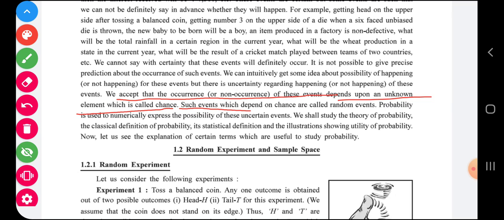Such events which depend on chance are called random events. Note this as the first question: the event which depends on chance is called a random event. Probability is used to numerically express the possibility of this uncertain event. We shall study the theory of probability, the classical definition of probability, its statistical definition and illustrations showing the utility of probability. This much we have to understand in this chapter.